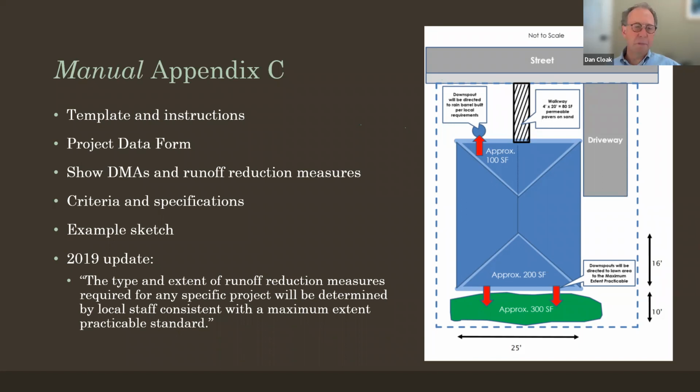So I'll show some examples of pictures as we move on where bioretention facilities are located adjacent to buildings, and even large buildings, and that was handled by proper foundation design or by impermeable barriers between the dispersal area or bioretention facility and the foundation.